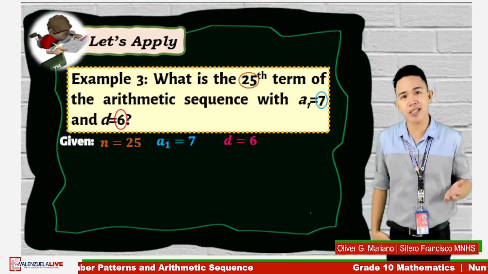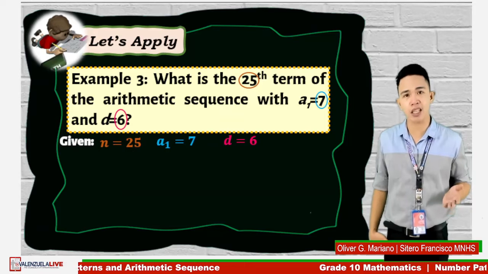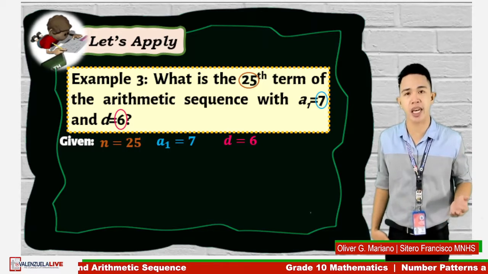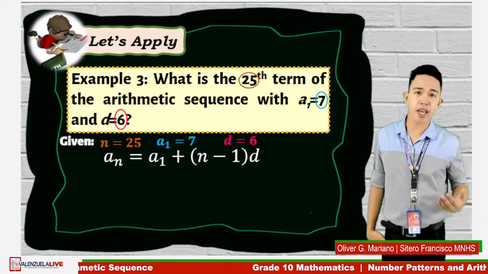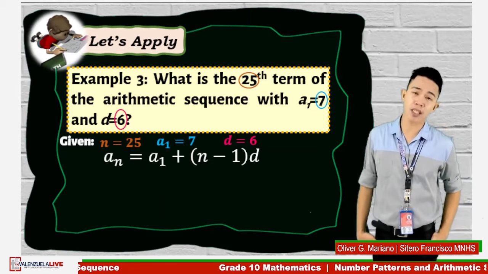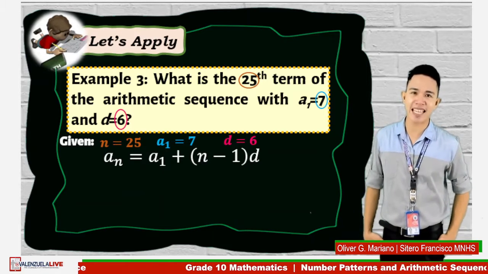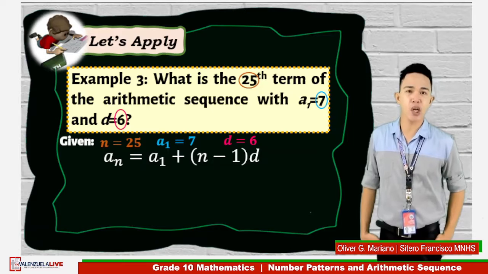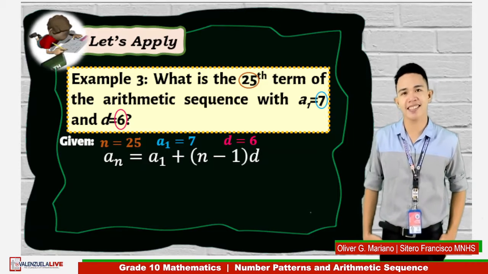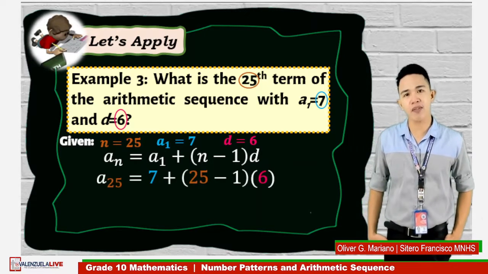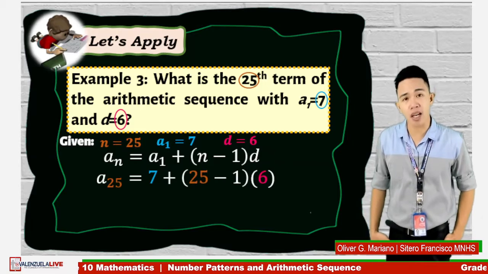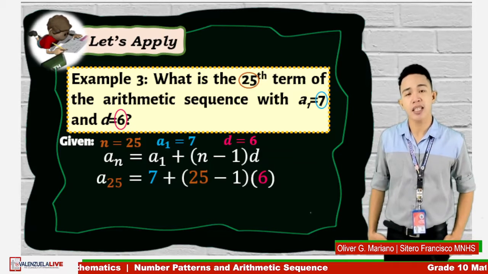Now, let's start solving by writing the general term of an arithmetic sequence, which is a sub n equals a sub 1 plus quantity n minus 1 times d. Substituting the known values here yields a sub 25 equals 7 plus quantity 25 minus 1 times 6.